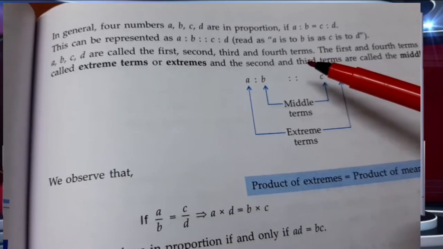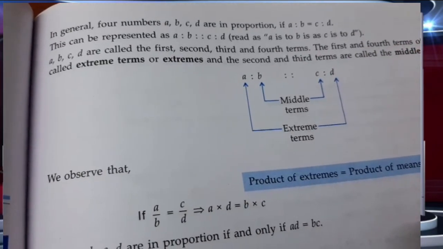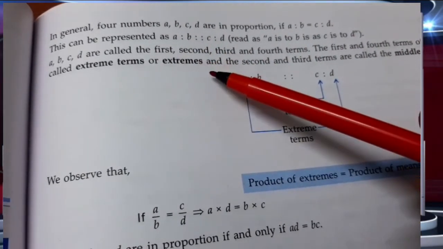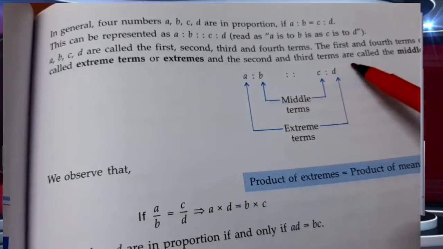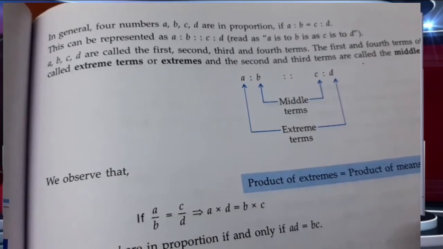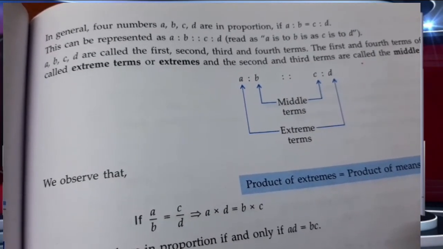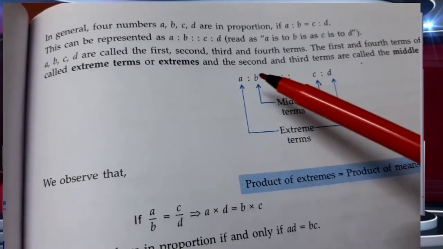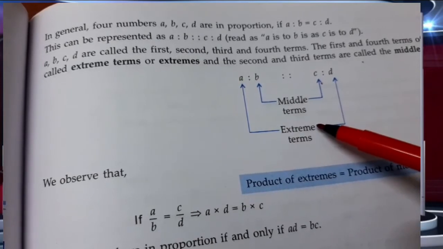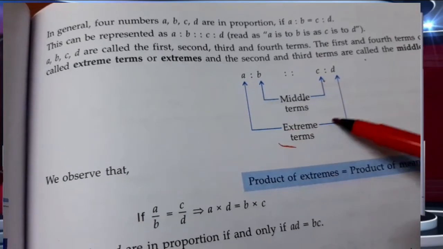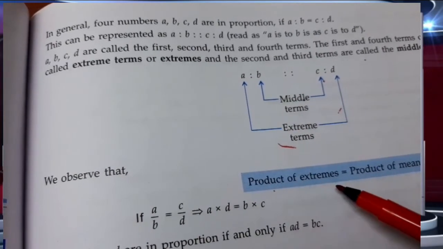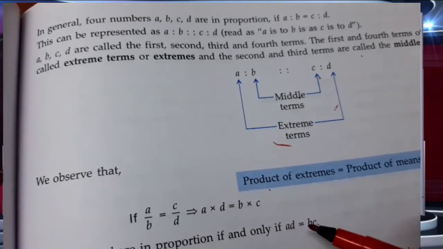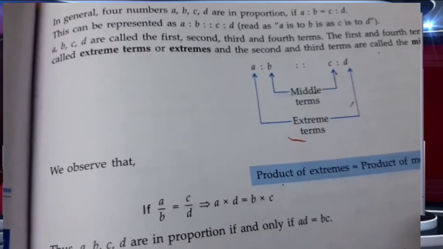The first and the fourth terms of a proportion are called extreme terms or extremes, and the second and third terms are called the middle terms or means. Here B and C are the middle terms and A and D are the extreme terms. They are in proportion if the product of the extremes is equal to the product of means, that is, if AD is equal to BC.